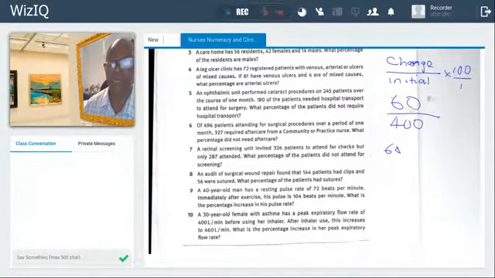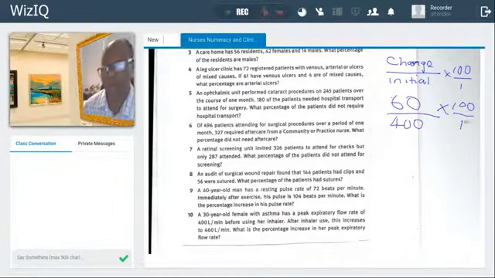They're both liters, so we can cancel this 0 with that 0, and this 0 with this 0. So what we are dealing with is 60 times 1.